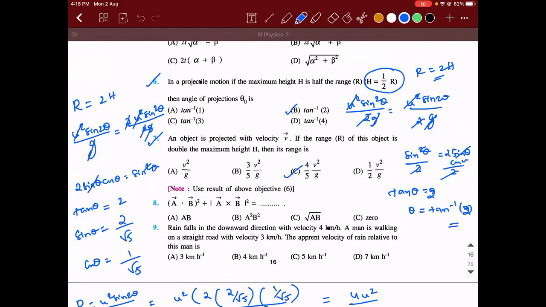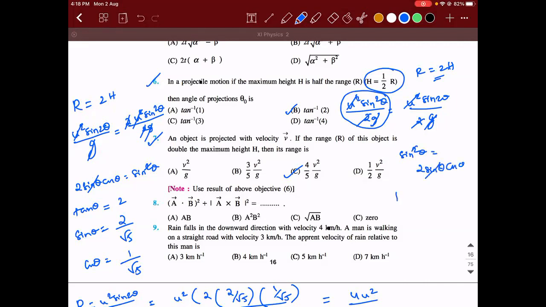You wrote the equation and then the formula, how did you cancel? How did I cancel what? U square got cancelled. 2g and 2g got cancelled. Sine square theta is equal to 2 sine theta cos theta. Sine theta, sine theta cancel. So tan theta will be equal to 2. That's it.